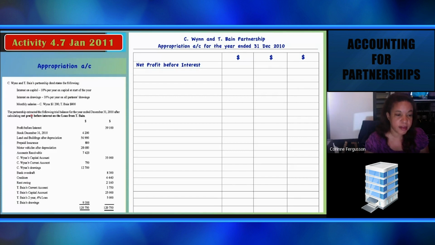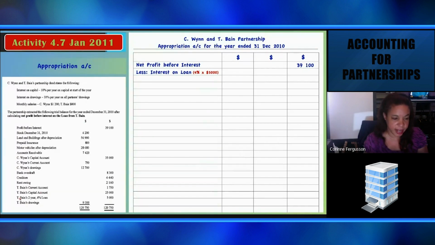Once again, when you see before, alert, that means you have to take away any interest. So you will look for the interest. Basically, net profit before interest would have been profit before interest, 3,900. So you put your 3,900 there. You less your interest, and your interest would be 4% of the loan.